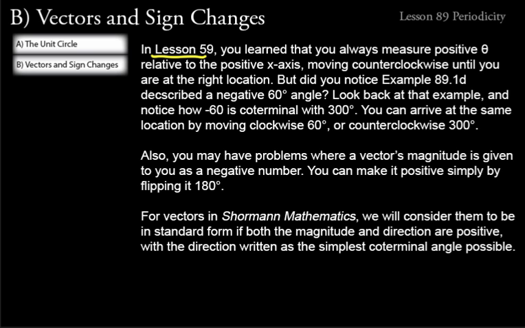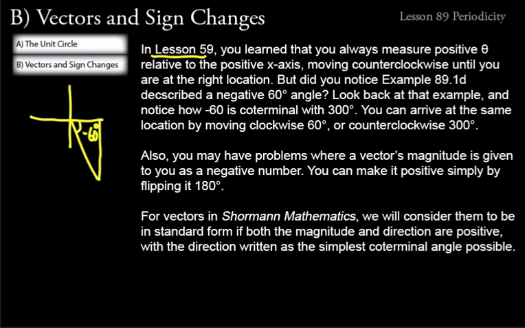But maybe you noticed in example 89.1d that described a negative 60-degree angle. We went around almost 2 full times and ended up with that right triangle there that was 60 degrees below the x-axis. So in a way, this right here is negative 60 degrees.